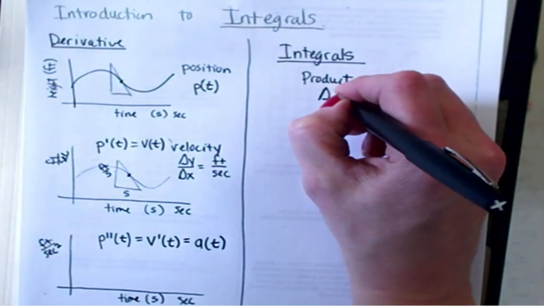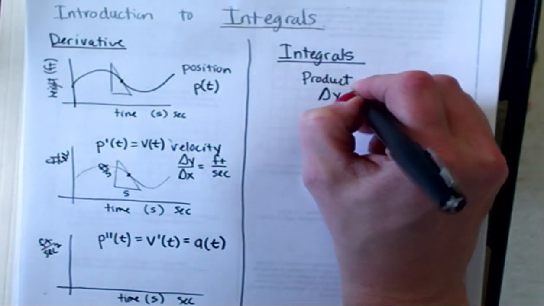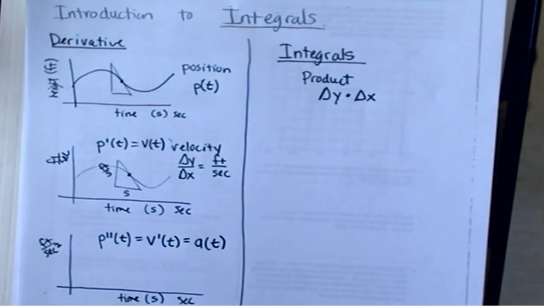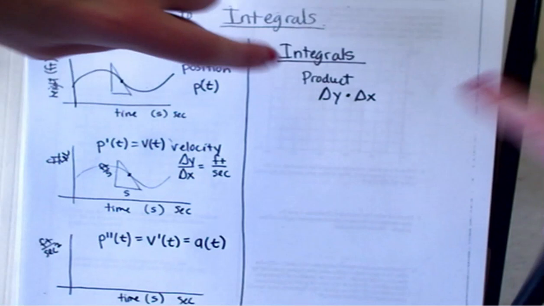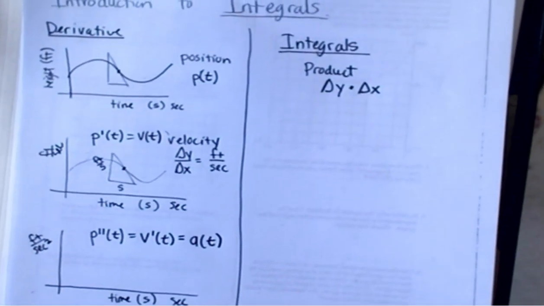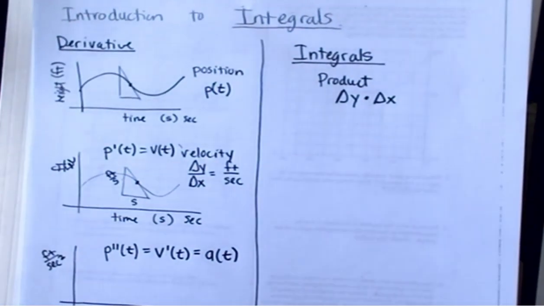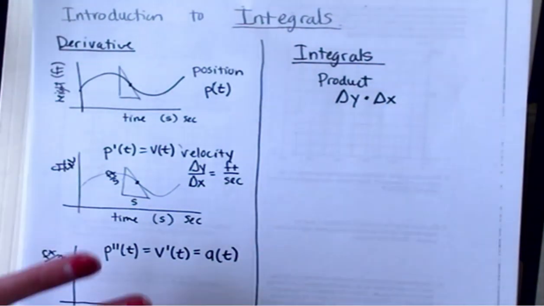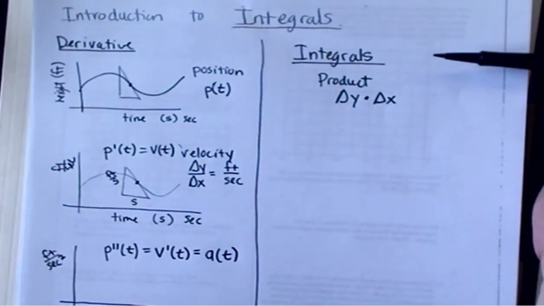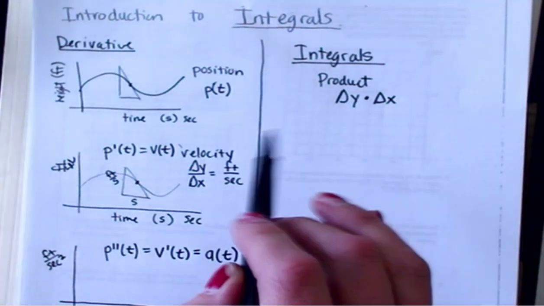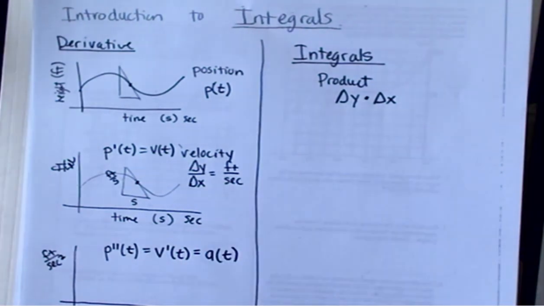And so it's going to be change in y times change in x. That is the operation of how you're going to find integral quantities. We have derivative quantities, slopes, rates of change. We have integral quantities, which is the product of change in y and change in x.